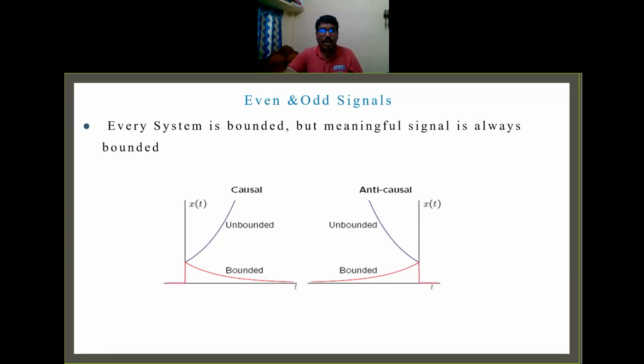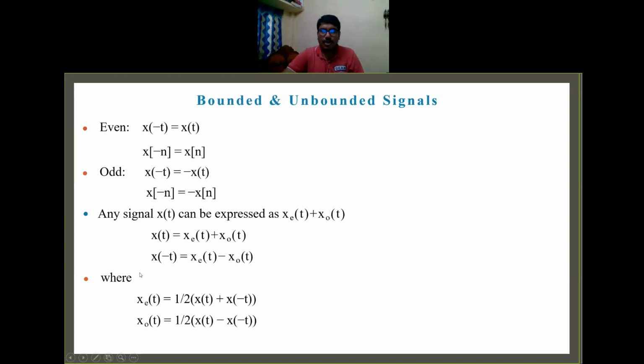Now I want to explain bounded and unbounded. What is meant by bounded and unbounded? This can be well explained by a diagram. Can you see the picture now? So this is one picture.